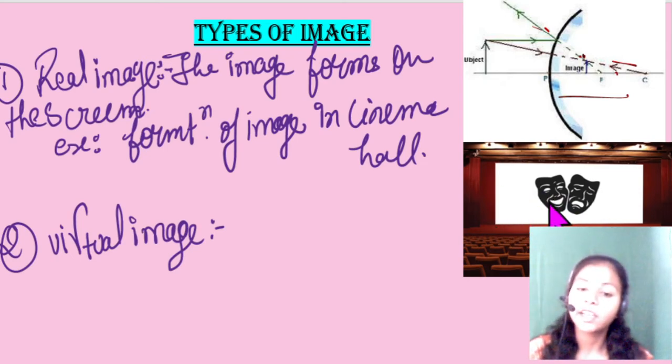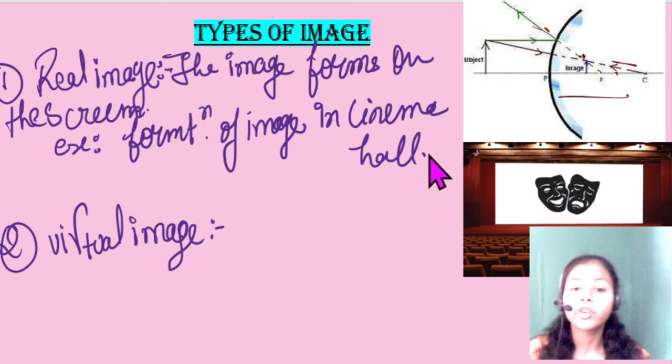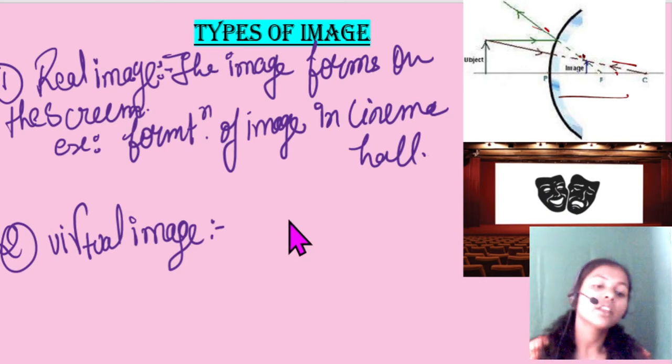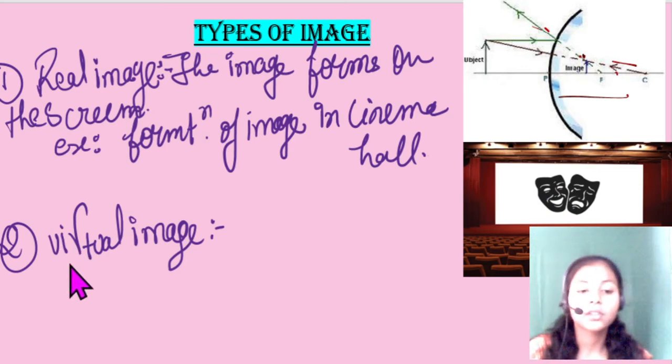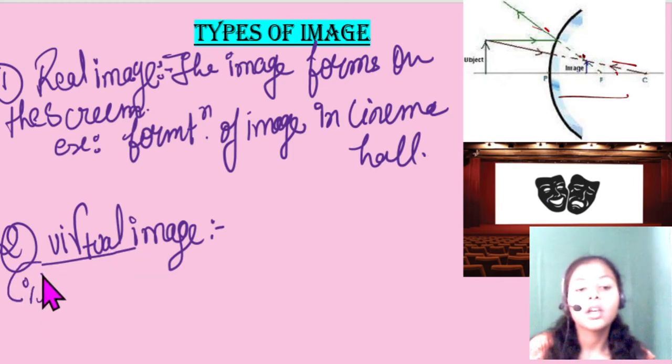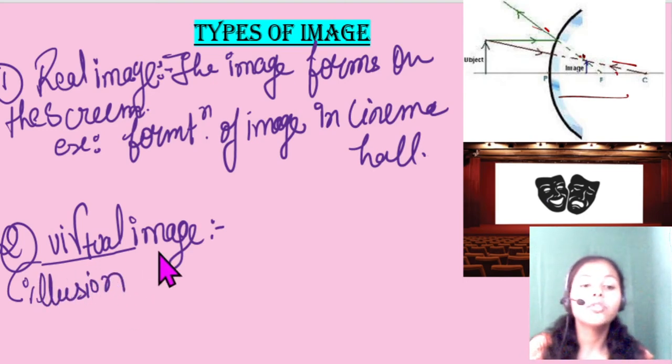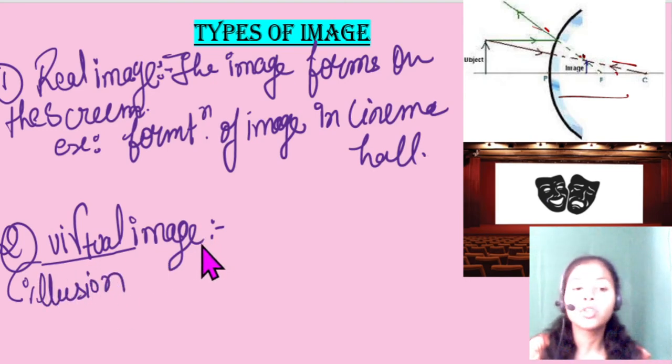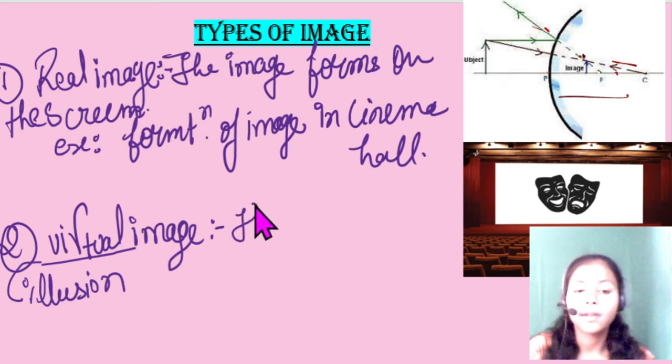We can touch that screen. So this is called a real image. But what is the meaning of virtual image? Virtual generally means illusion, which is not real. So the virtual image means the image which is not forming on the screen.